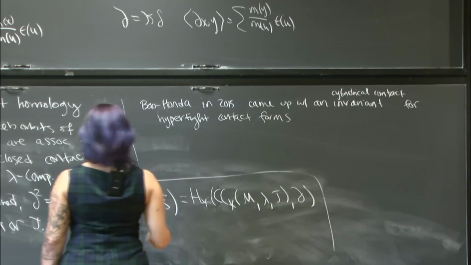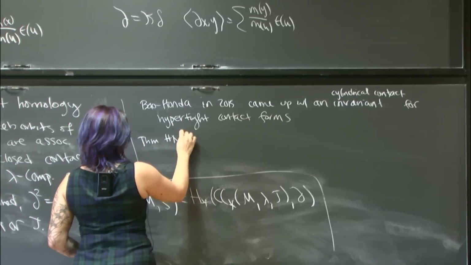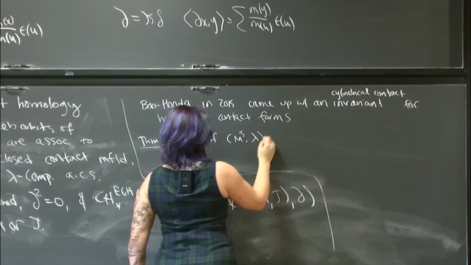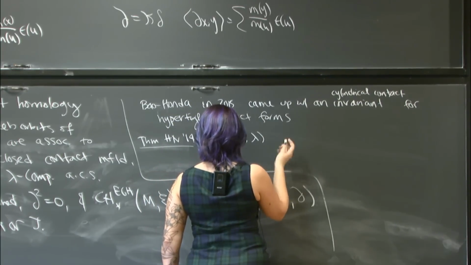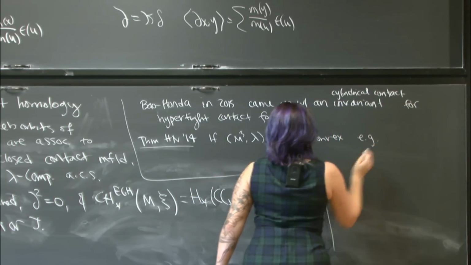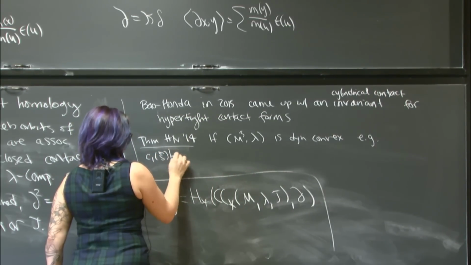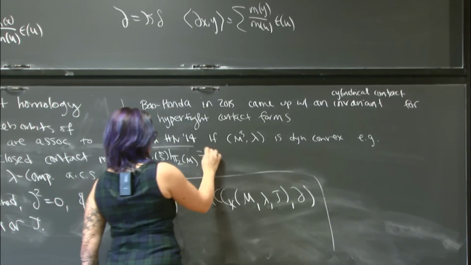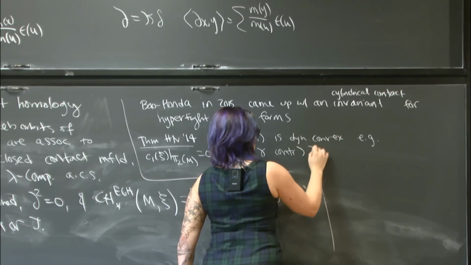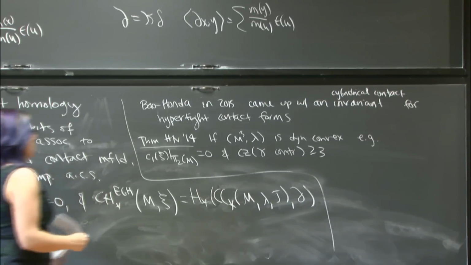And then Hutchings and I have a theorem from 2014 which says that if you're working with a dynamically convex contact 3-manifold, this means that c1 of the contact distribution restricted to π2 of M is 0, and the Conley-Zehnder index of any contractible orbit is at least 3, meaning that the grading of all the orbits is going to be strictly greater than 2.